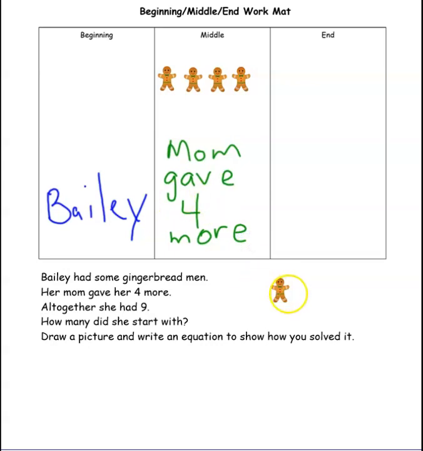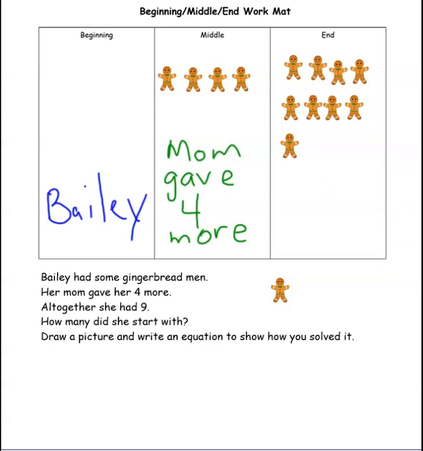Altogether, she had 9. This is how many we know that we have in the end. 1, 2, 3, 4, 5, 6, 7, 8, 9.